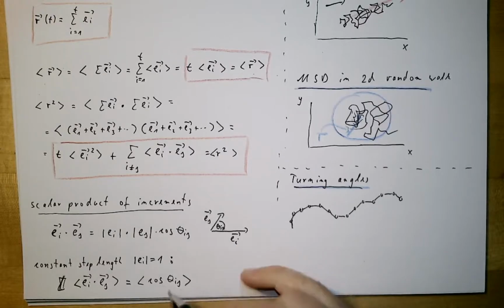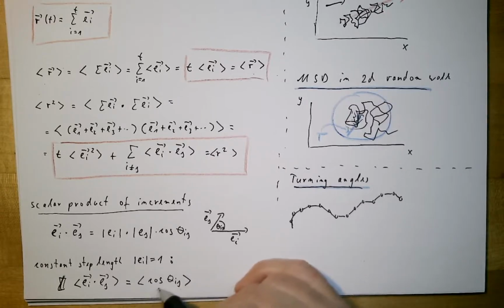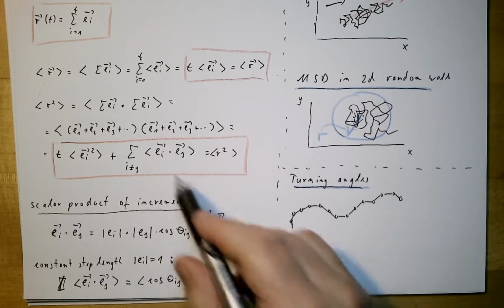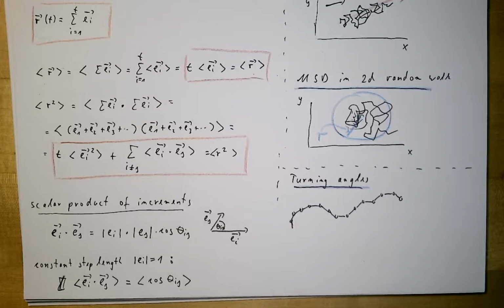So a movement which has persistence, which has a long memory, is a movement where the thetas are very small, so that we get a very strong contribution in this covariance function.